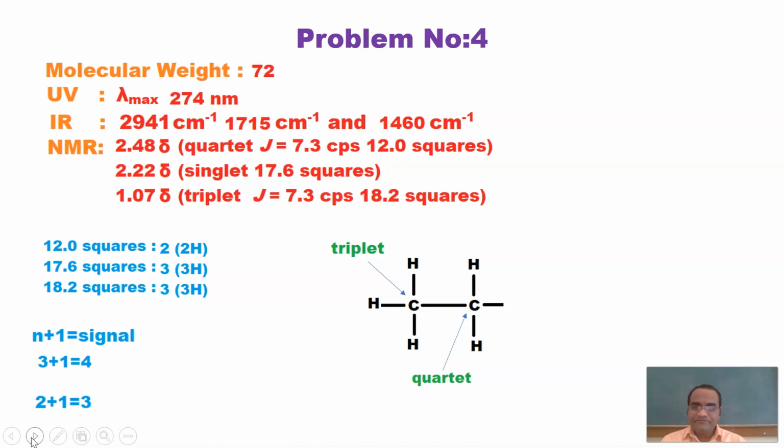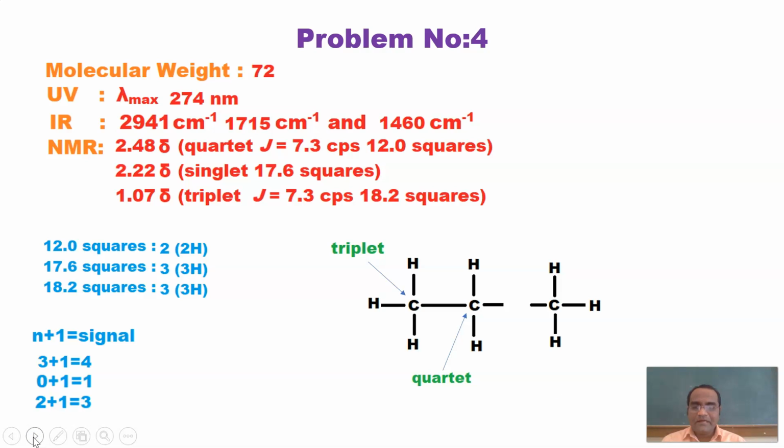After that, the signal for this second one is at 2.22 delta value. The signal is a singlet, which means the adjacent carbon does not have anything, so I will write a carbon having no adjacent hydrogens.